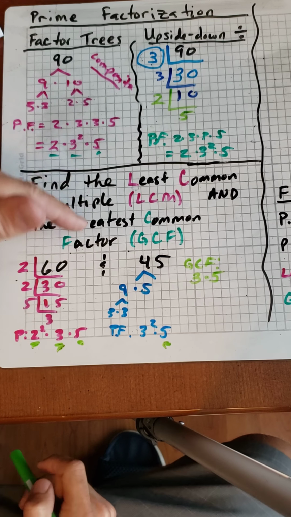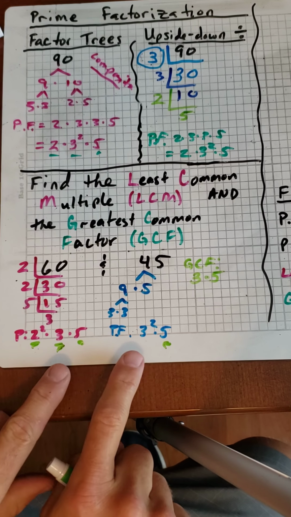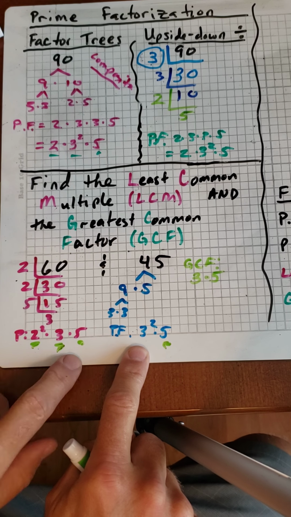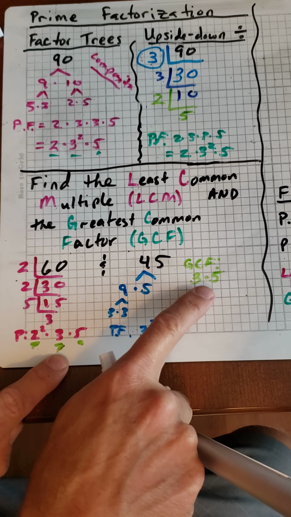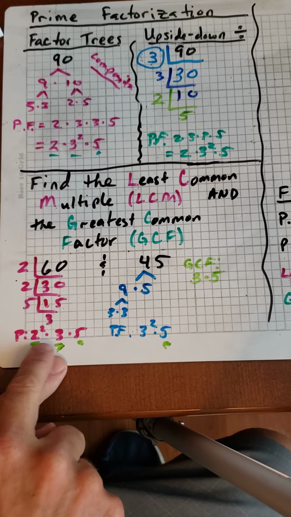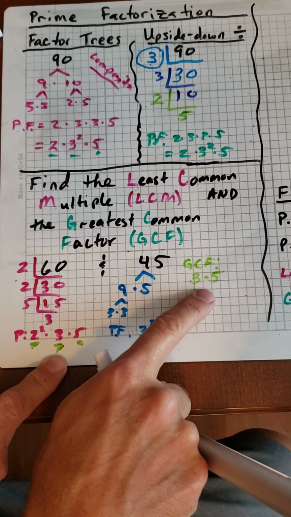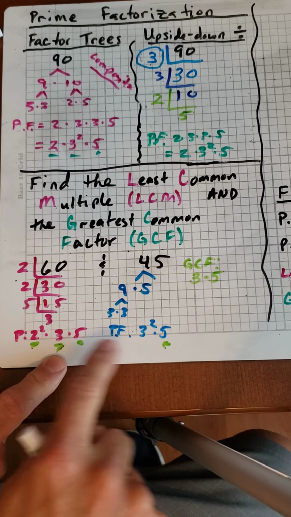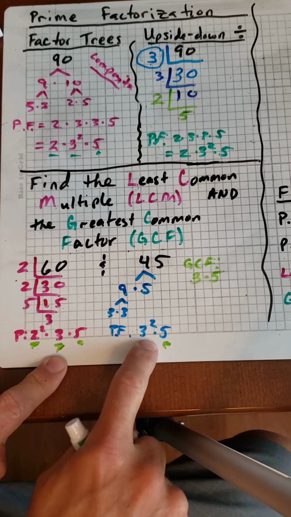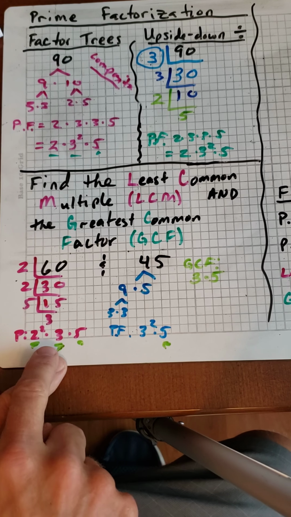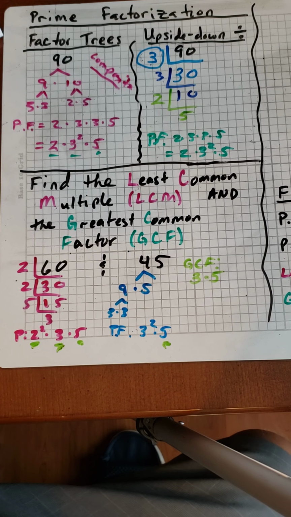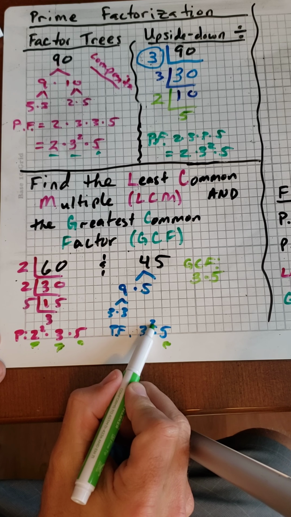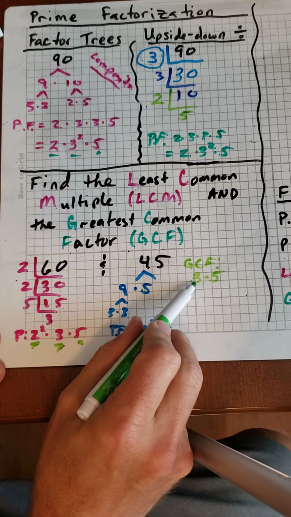So when I'm doing the greatest common factor, I'm looking for only the numbers that are in both of these prime factorizations. So it might be smaller than this, less numbers, and that makes sense because factors are small. So here, this is only 3 and 5. I only used 3 and 5 out of here, and this one has 3, 5, and a squared, and this one has a 2 and a squared and a 3 and a 5, but I only used the 3 and the 5. So then I'm going to use the smallest exponent that I have of each of these.